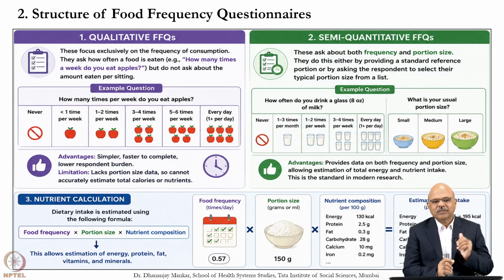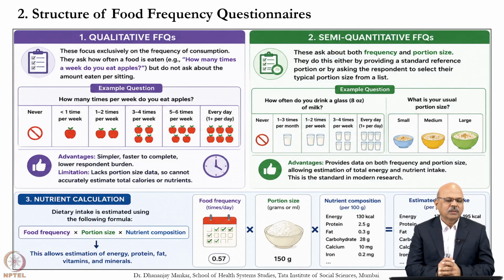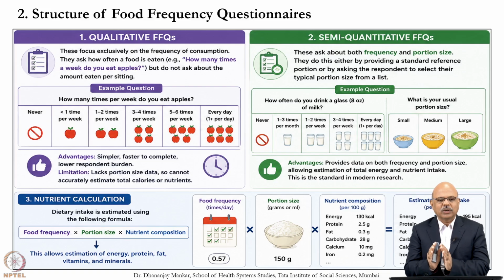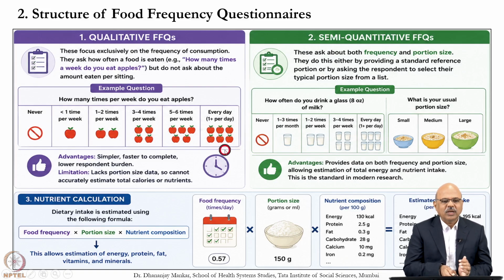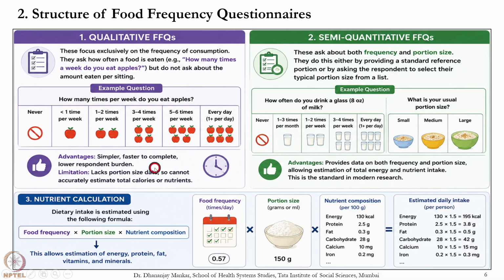The advantages are that they are simpler, faster to complete and have lower respondent burden. The limitation is that portion size is missing, so they cannot accurately estimate total calories and nutrients.